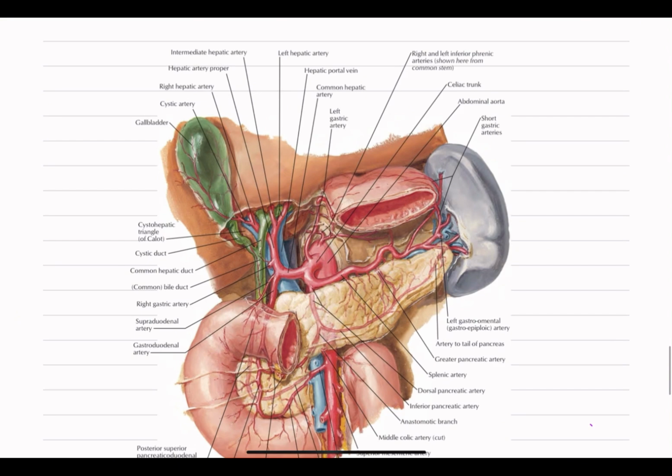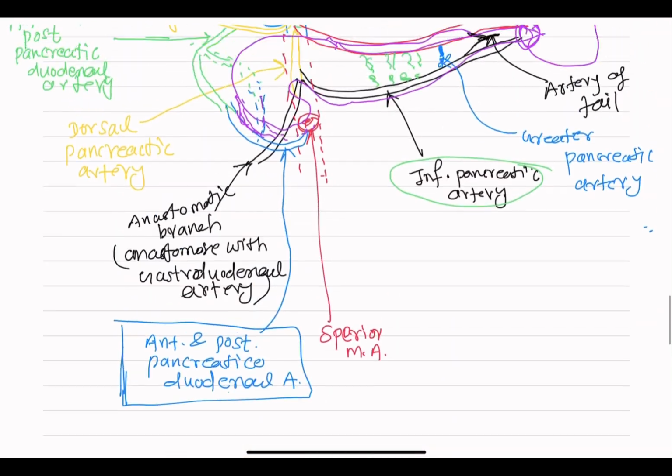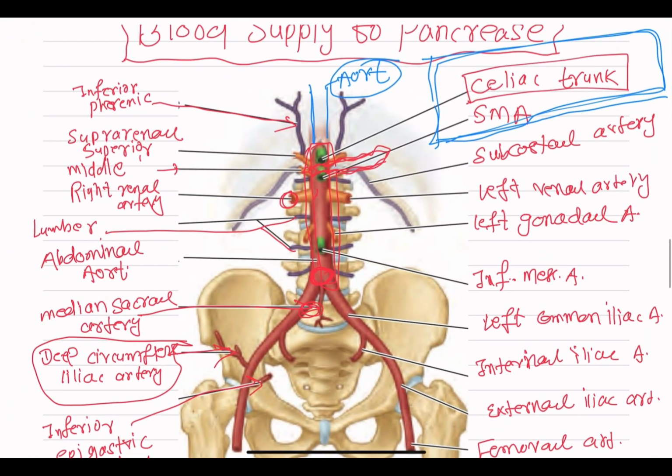So now let's see in the actual diagram how the arteries supply the pancreas. First I gave some basic idea about the aorta, from where the celiac trunk arises, the celiac artery. The celiac trunk arises from the aorta.